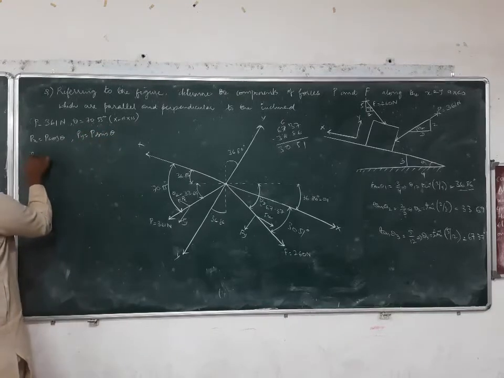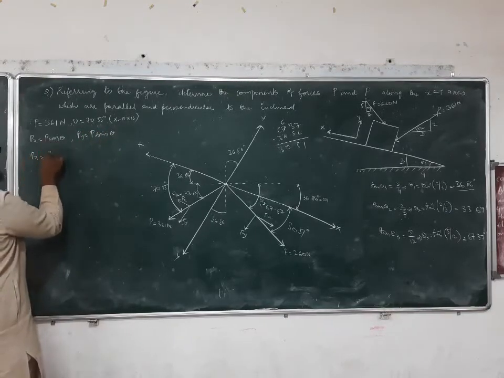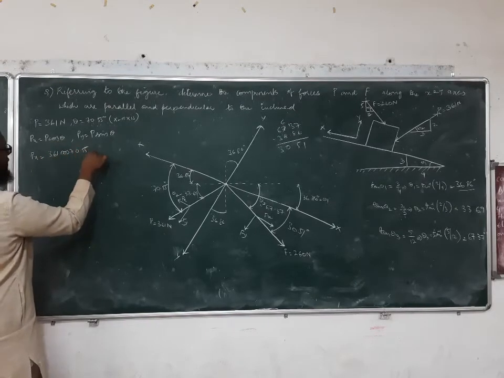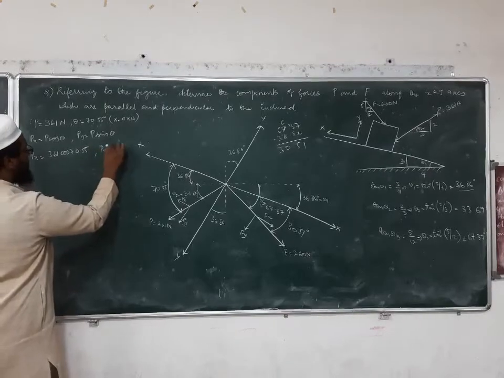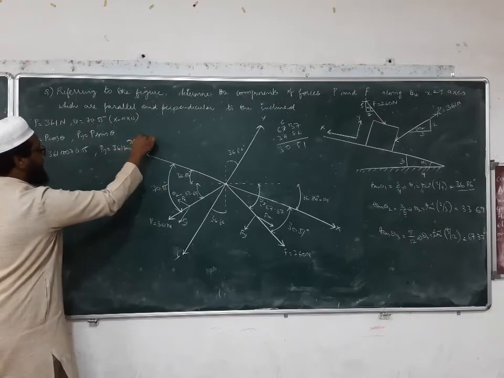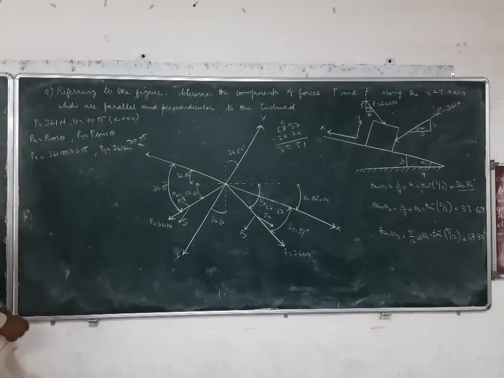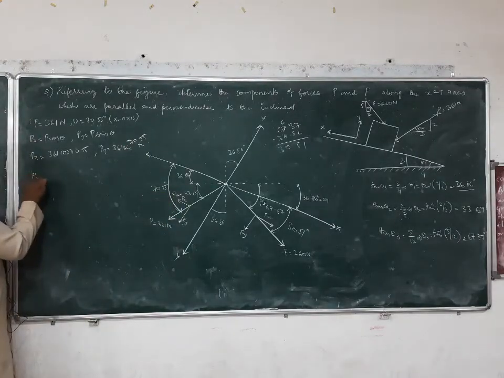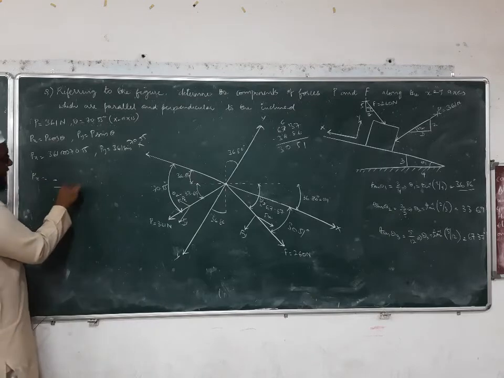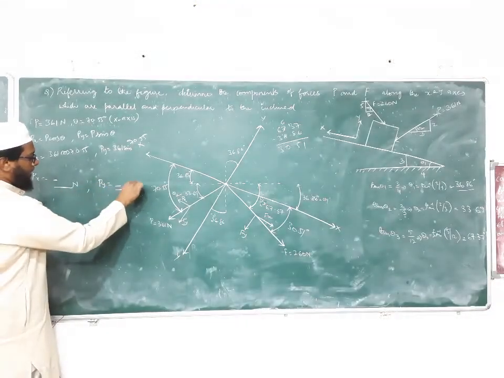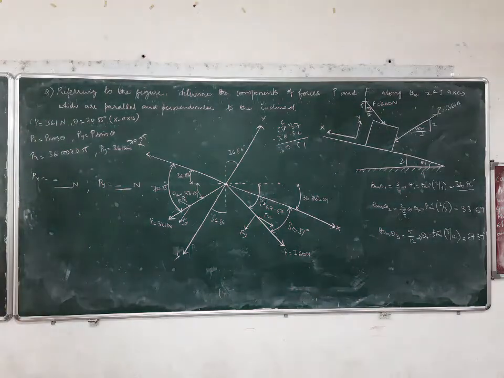Px is equal to, what is the value of P? 361 into cos 70.55, and Py is equal to 361 into sine 70.55. Since the force is acting in the third quadrant, what will happen to the value of Px? Px is equal to a negative value in newtons, and Py is equal to a negative value in newtons. Okay, able to understand this one?